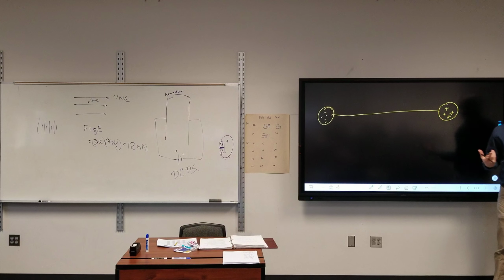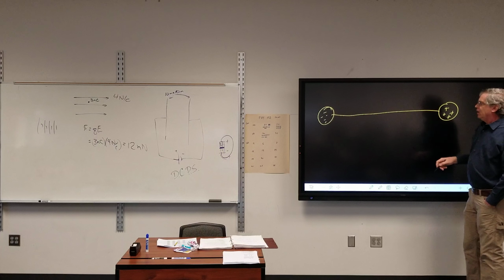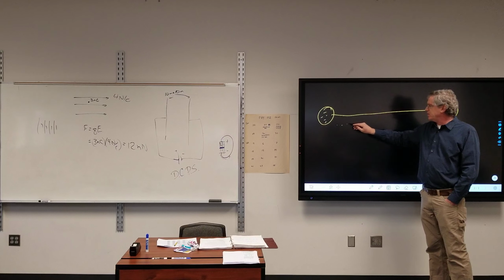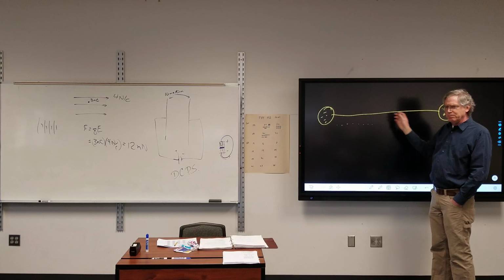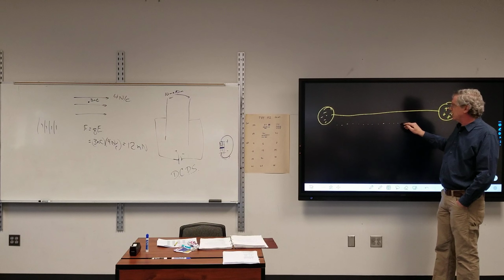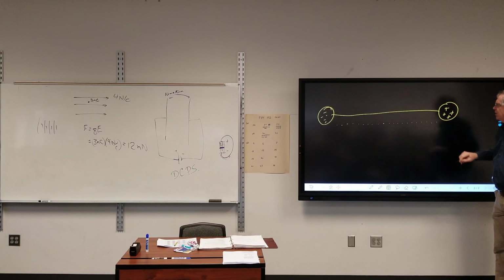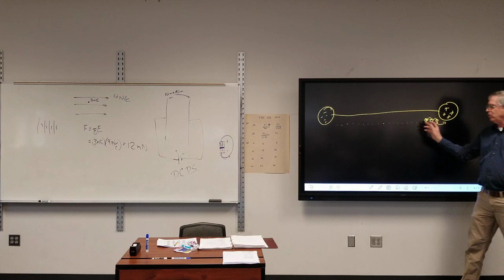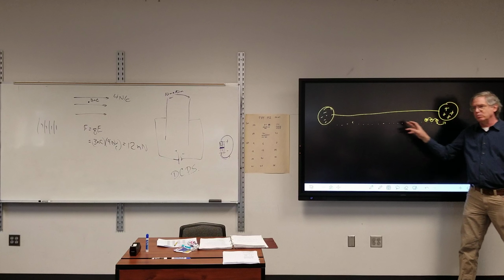The electrons are the ones that are going to move. If you think about it slightly differently, I've got a bunch of electrons. This is composed of atoms, and I've got a bunch of electrons in the electron sea that can move. And this electron is going to say, oh, I got a positive charge there, let me go. I've now created a hole. That hole is going to be filled by that electron, and so the hole is now here. That electron goes here, so the hole is here, and so forth. So the hole is moving in that direction. The electrons are moving in the other direction.